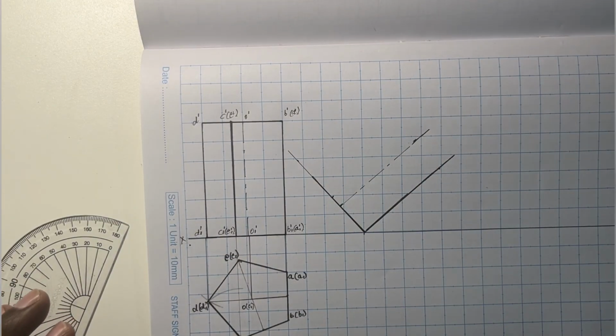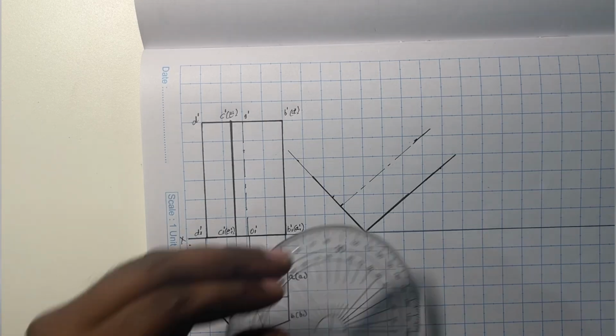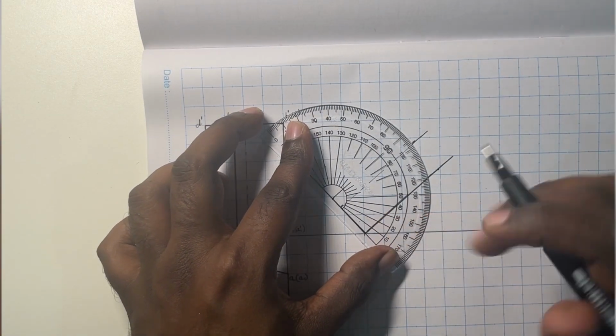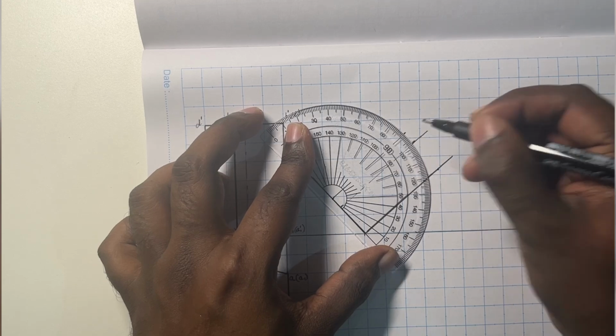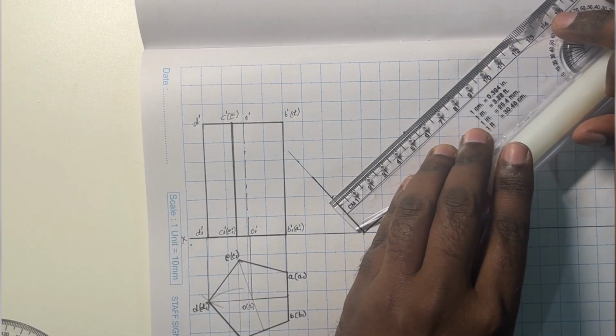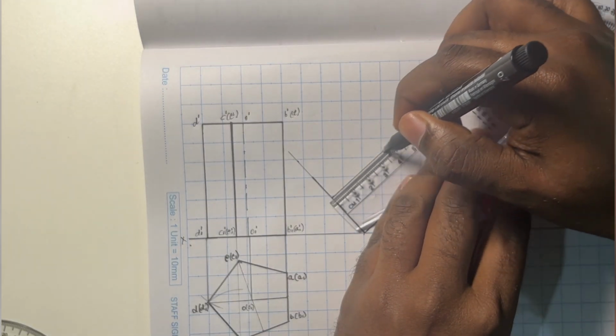And I'll be constructing the next edge at 90 degrees. So take a protractor from the next rectangular edge line, mark an angle of say 90 degrees and draw the 60 mm line.